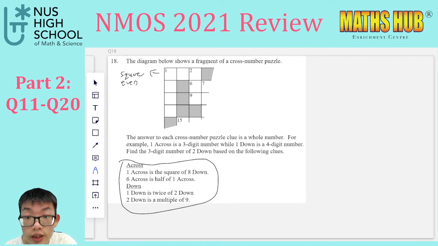Now, 1 down is twice 2 down. Okay, so that's another even number. And 2 down is a multiple of 9.